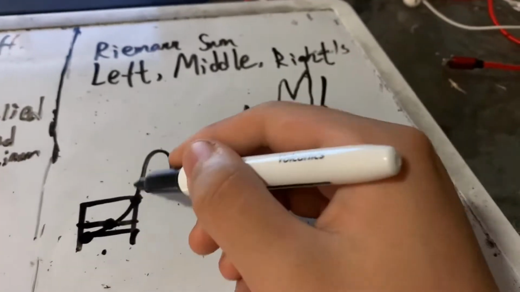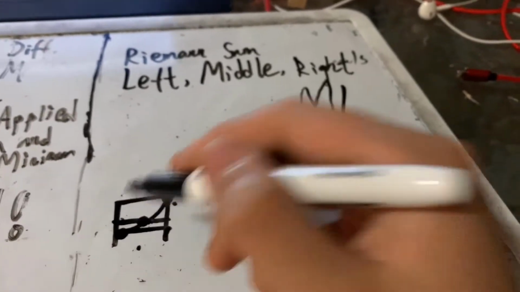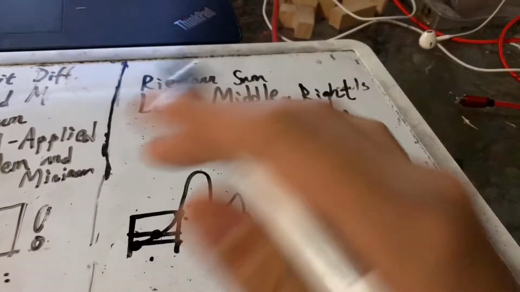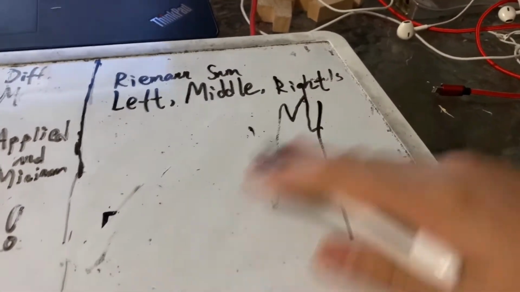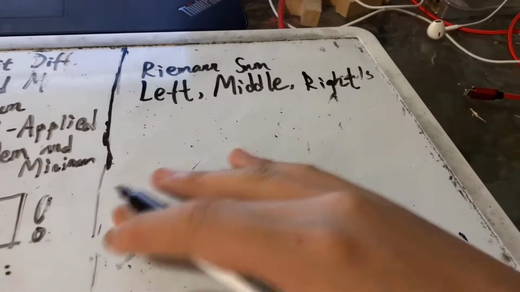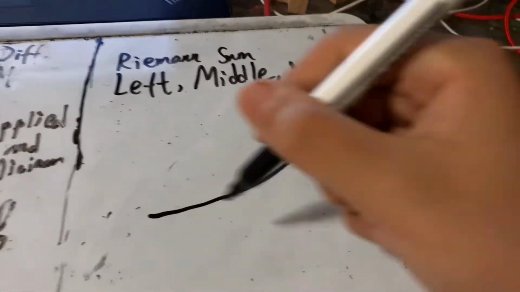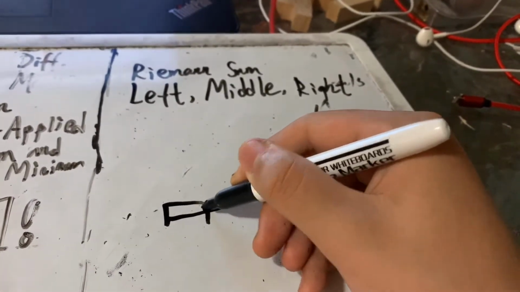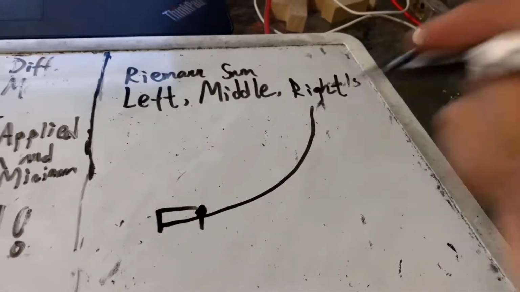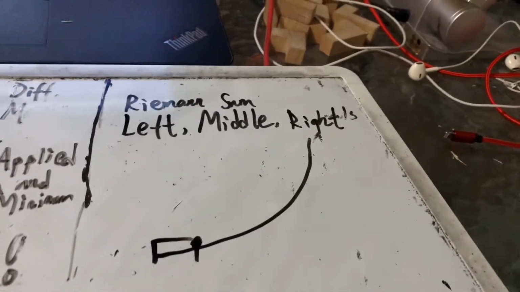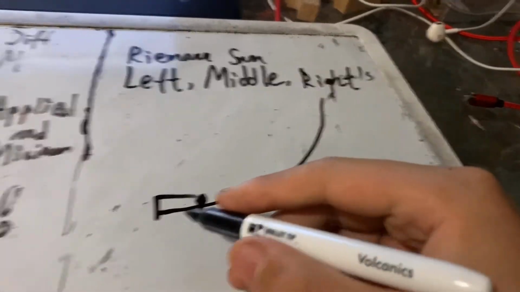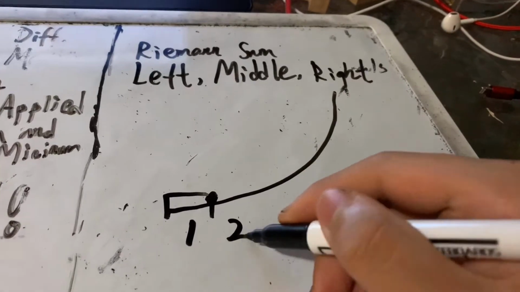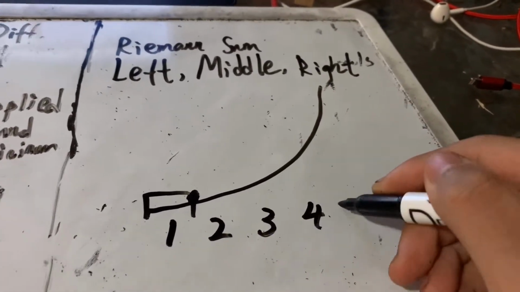So you see how different right, middle, and left are. I'm going to give you a more concise graph so it is easier to understand. Riemann sums do not have to use a unit width of 1, but mostly you just use a unit of 1.